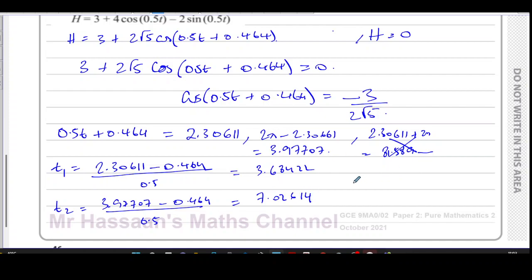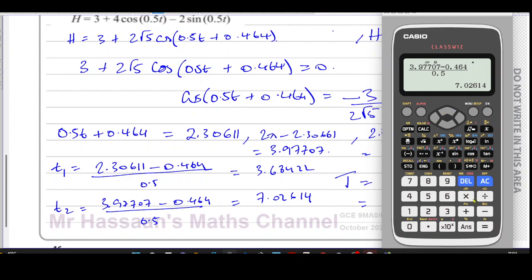So we know that the time that we're looking for is a difference between these 2, which is T2 minus T1. So I'm going to take this value and subtract from it 3.68422.